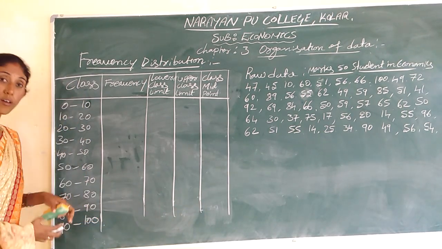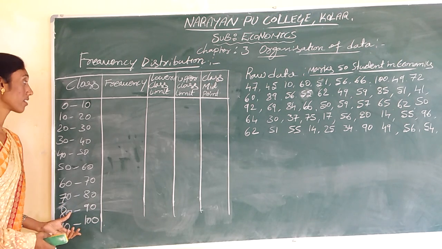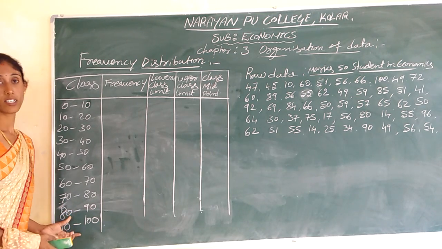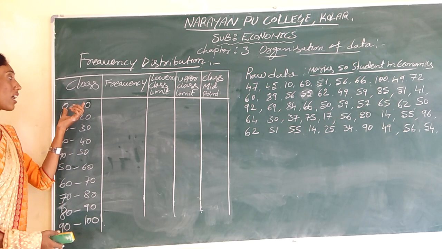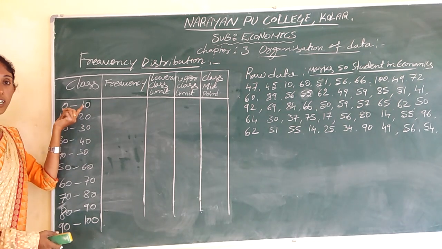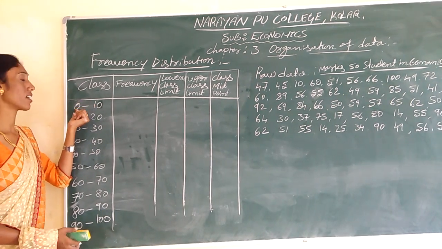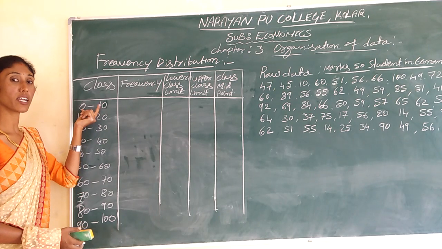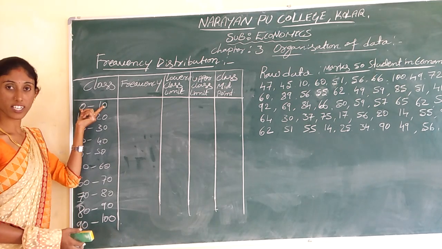We have 10 classes here, and the class interval, or class width, or gap is 10. It means the gap between upper limit and lower limit is 10.